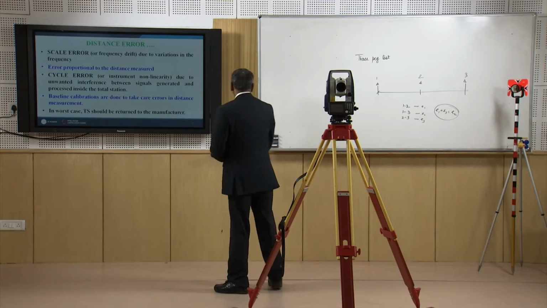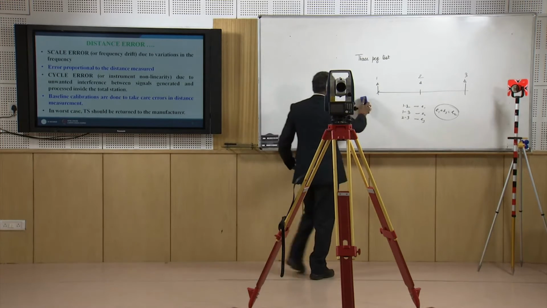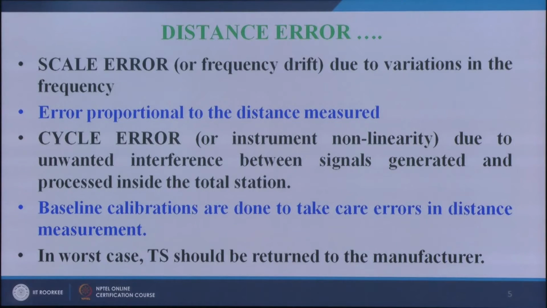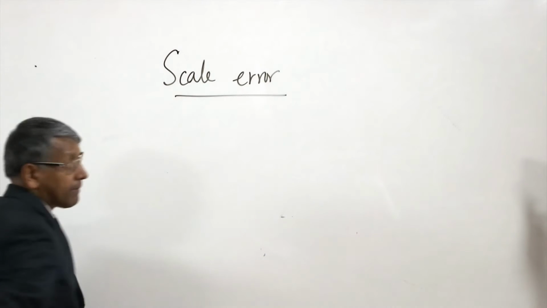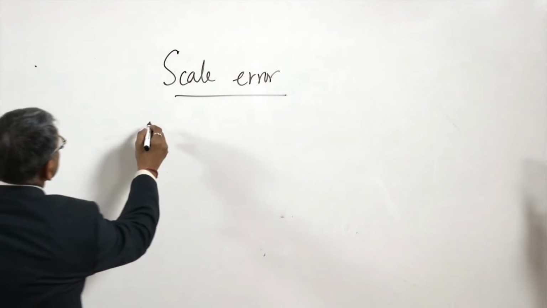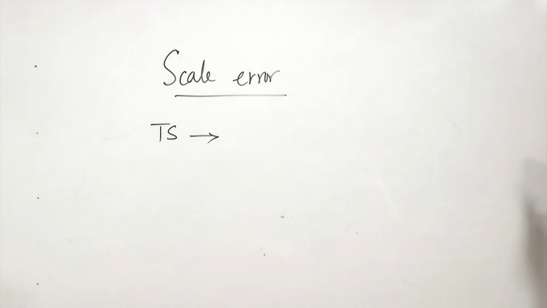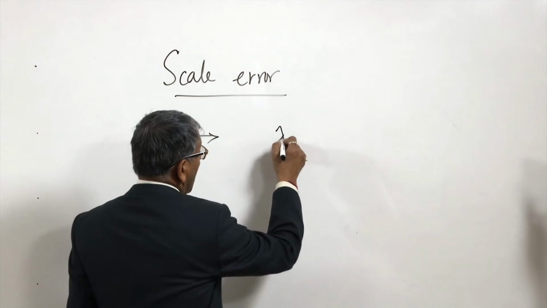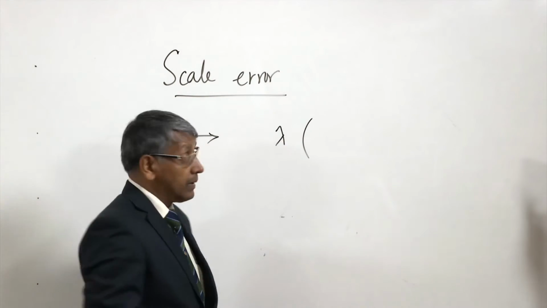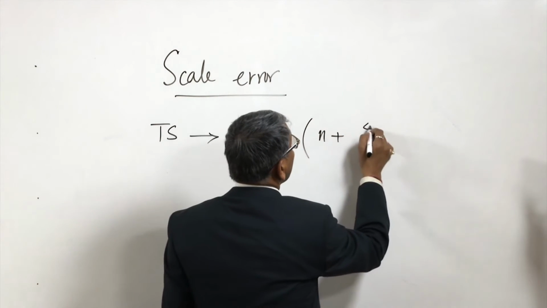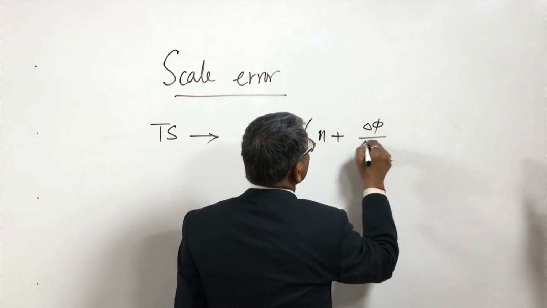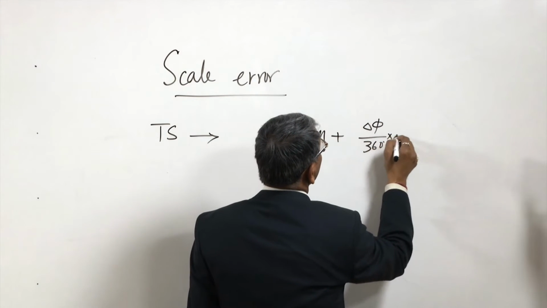Now another error, which is also very important. If we remember, the total station, especially with the phase shift method, makes use of the wavelength of the frequency multiplied by the number of cycles, and delta phi over 360, like that.